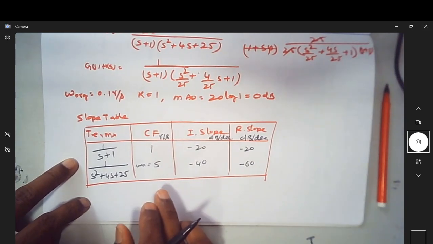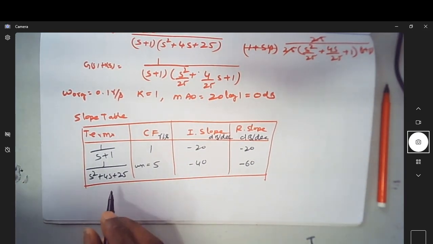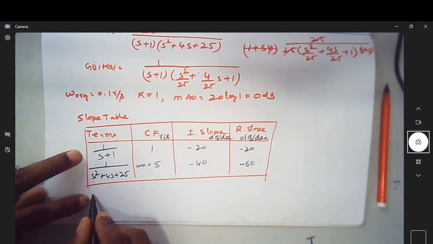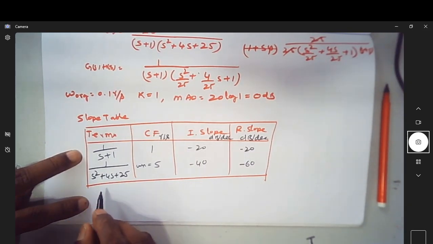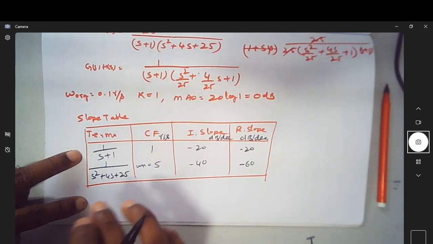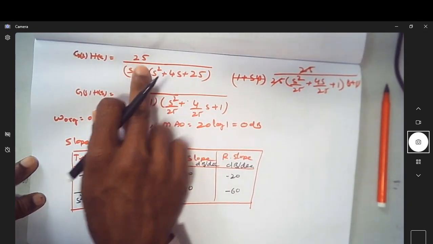If you want to write the magnitude equation, you can still consider this form itself.